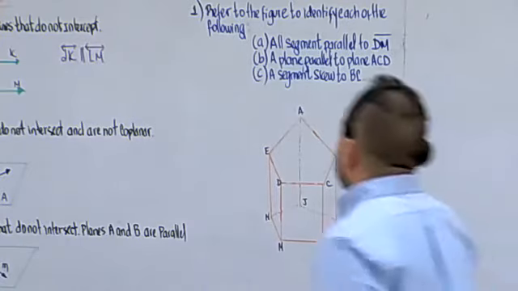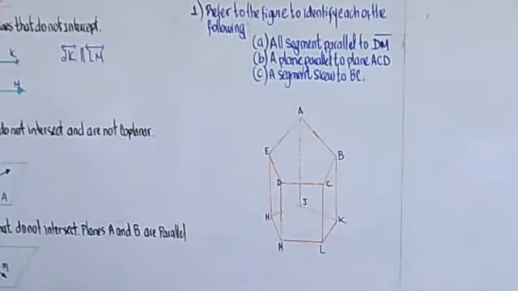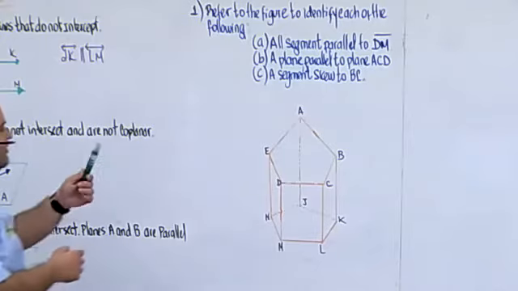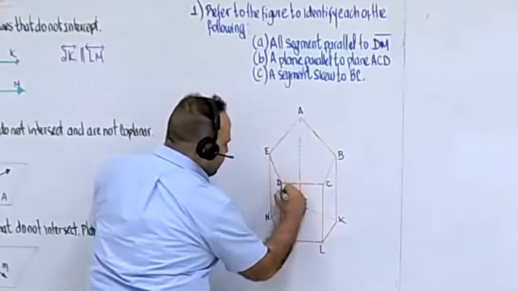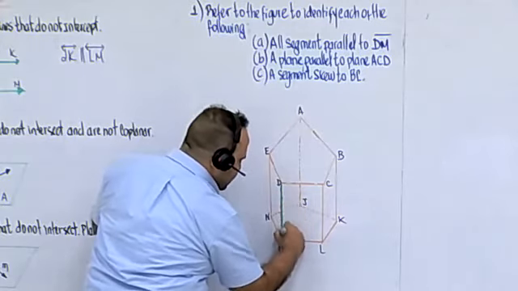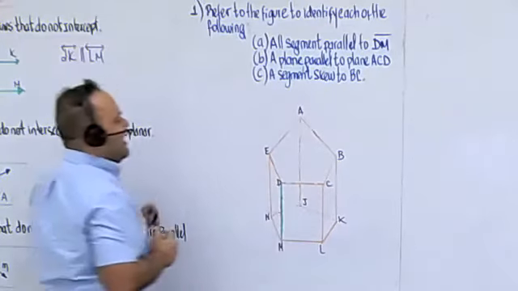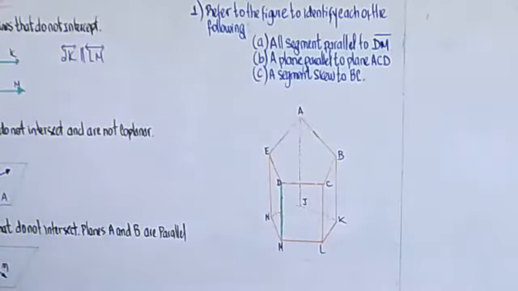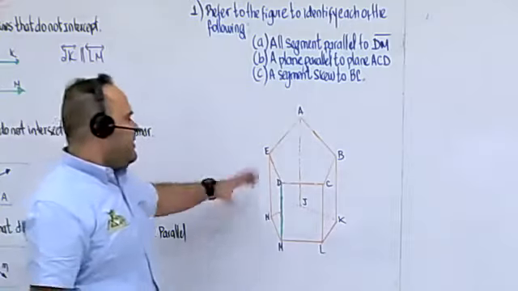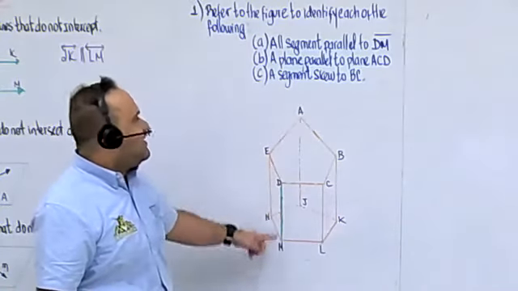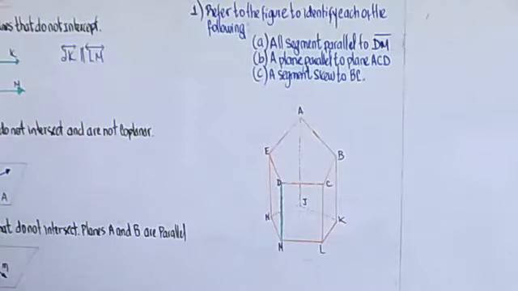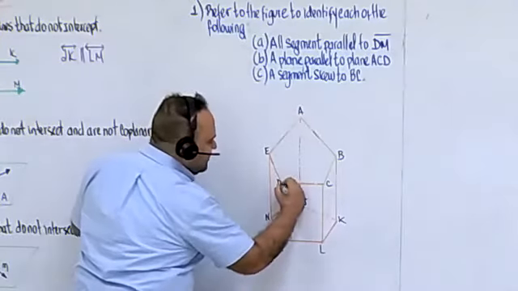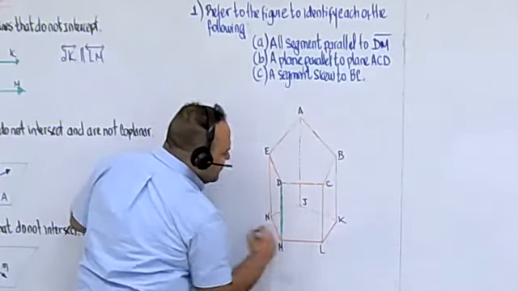Remember, parallel lines are lines that are never going to intersect. According to the first question, I'm going to mark DM with this green line, to differentiate and identify the line DM.